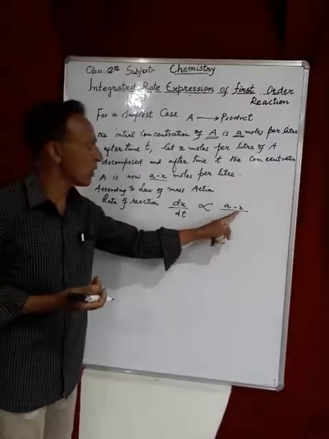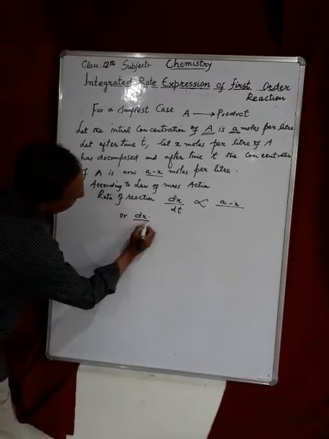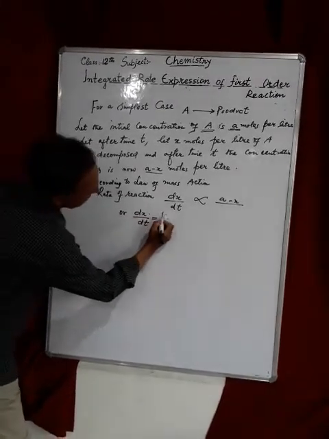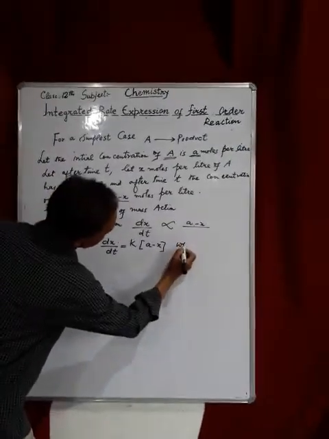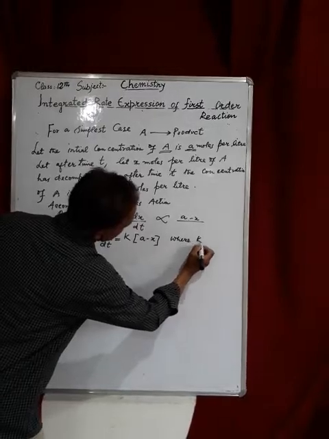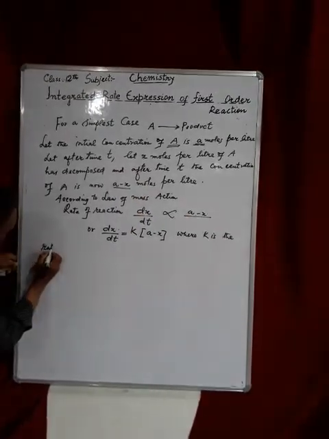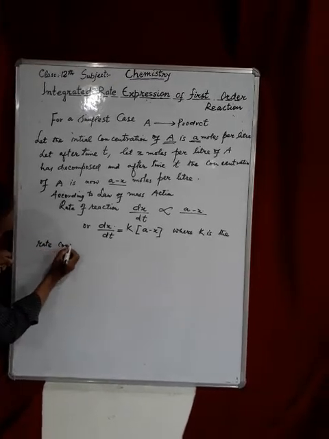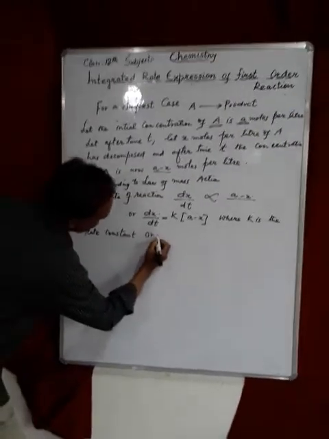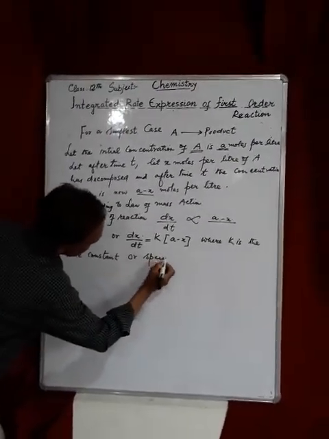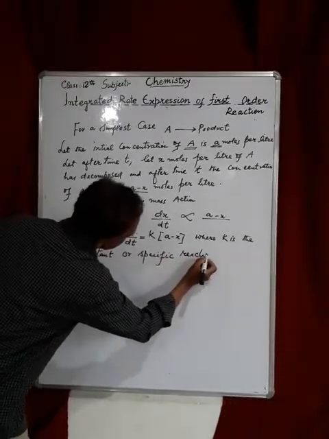It is proportional to a minus x, or dx by dt is equal to k times a minus x, where k is the rate constant or specific reaction rate.